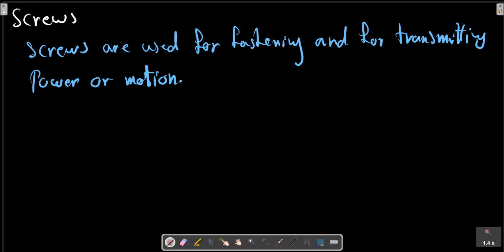In each case, the friction developed in the threads largely determines the action of the forces.